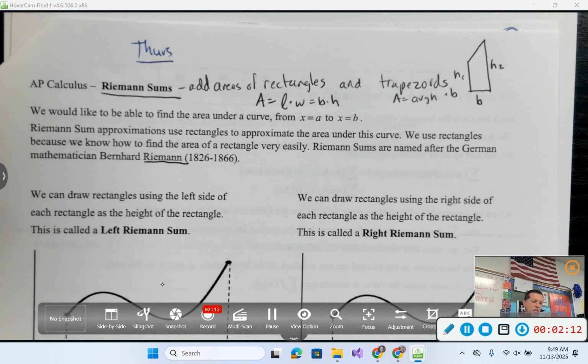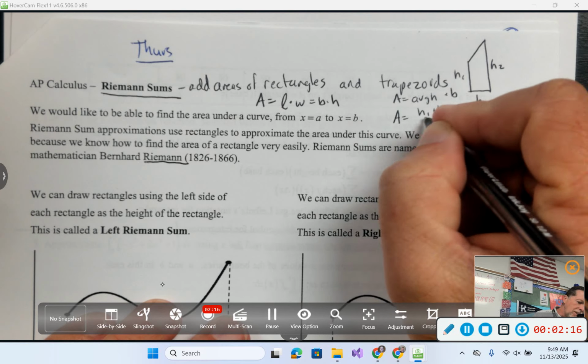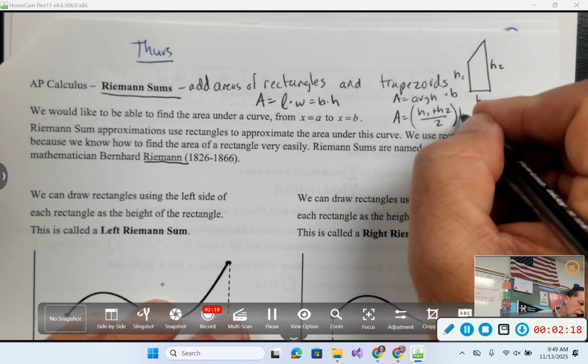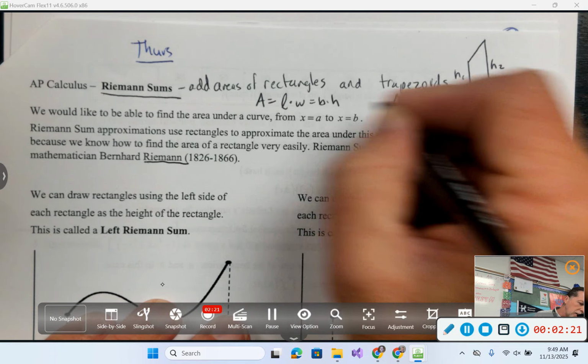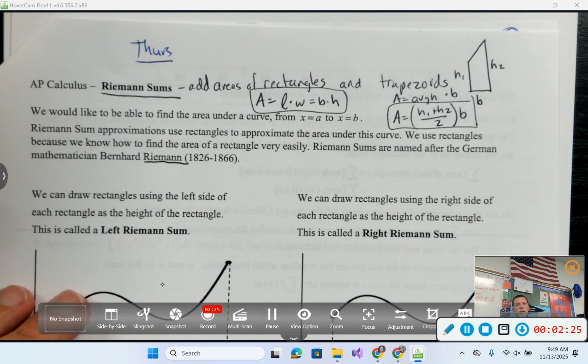Let's just do the average height times the base. So h1 plus h2 over 2 times the base. So, in my mind, rectangles are base times height. Trapezoids are base times average height. That way they're related to each other.